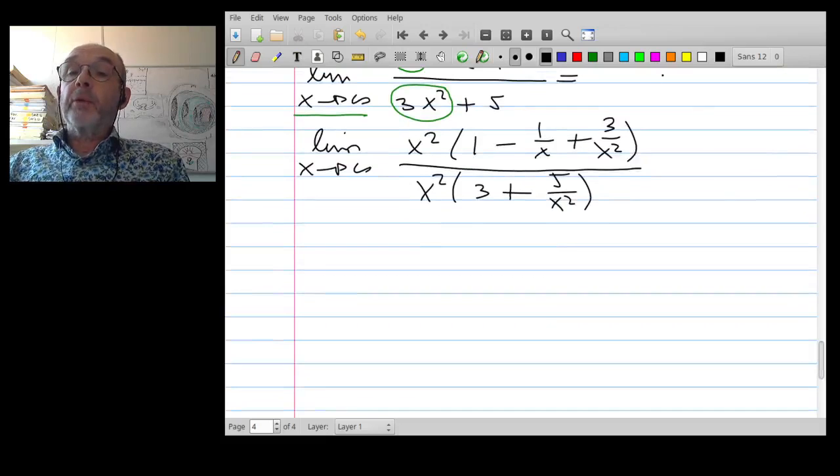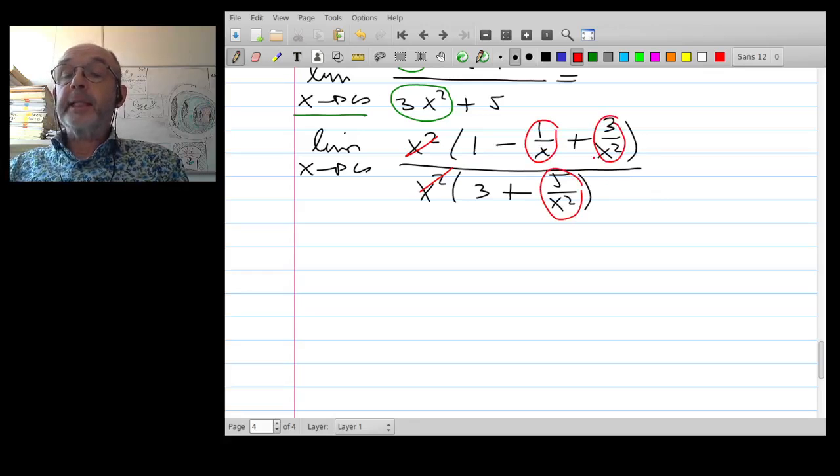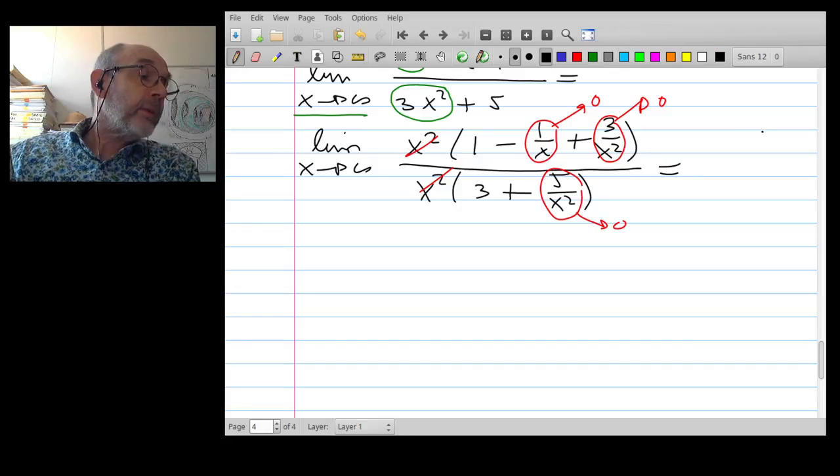And what do we see? Those are falling away to each other. And these terms where you are dividing by x and by x squared, if the x goes to infinity, they go to 0. And we see that we get out of it the limit 1 over 3.